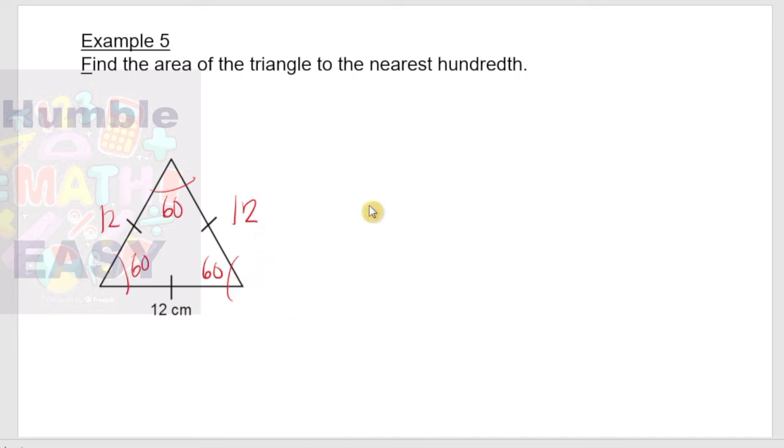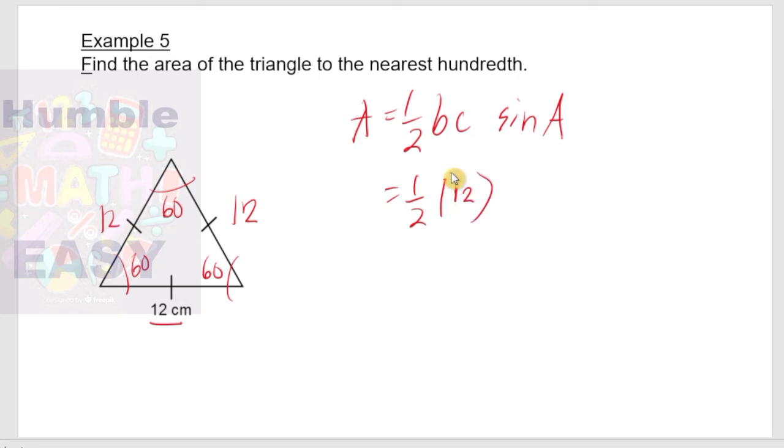In this case, you can use the formula because you can now identify all the given. So we have 1/2 times 12, then another 12, then sine 60, the included angle.